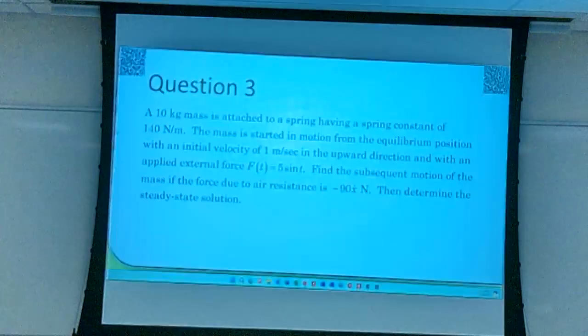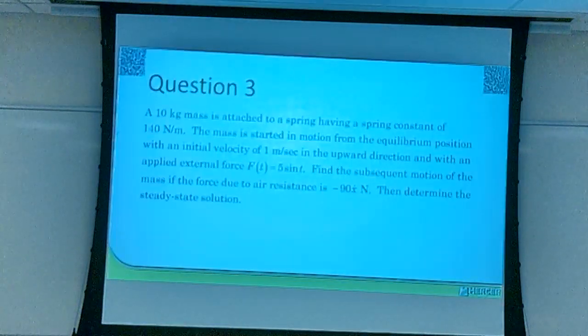In fact, it's the same spring as the last problem, except there's now a driving force of 5 sine t. So again, you want the position, and then find the steady state solution.